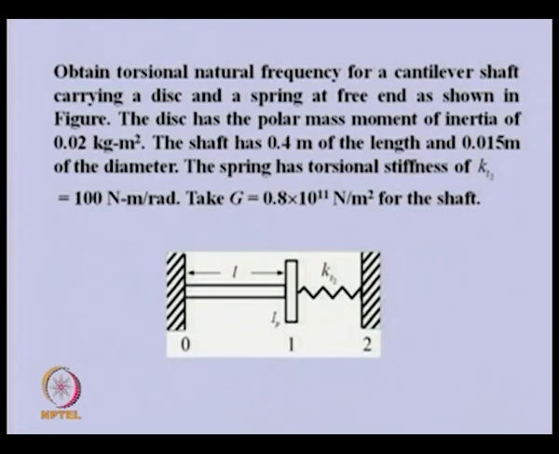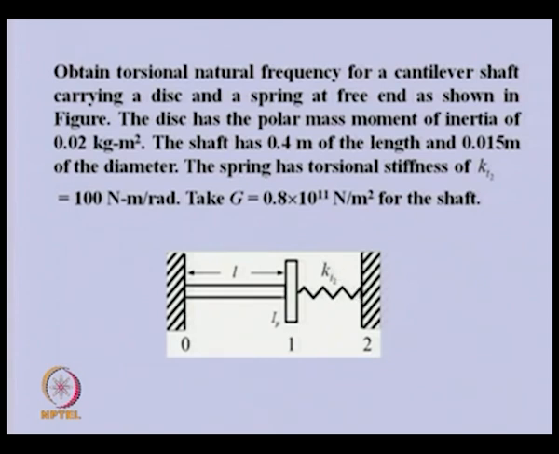Now, we will take some more examples to illustrate the capability of the method for more complex boundary conditions. In that connection, let us take another problem in which there is a massless shaft and a disc at the end. This end of the shaft is fixed, and at the free end of the shaft where the disk is, we have one torsional spring of stiffness KT2.